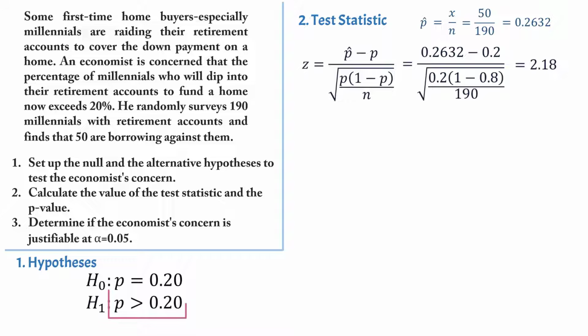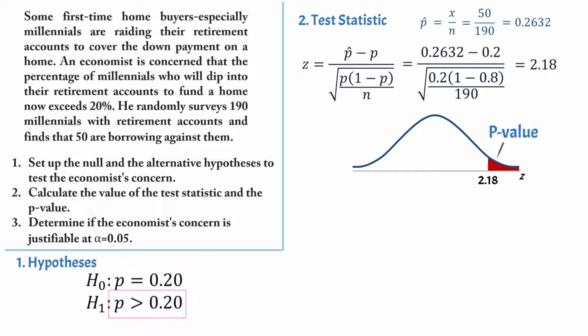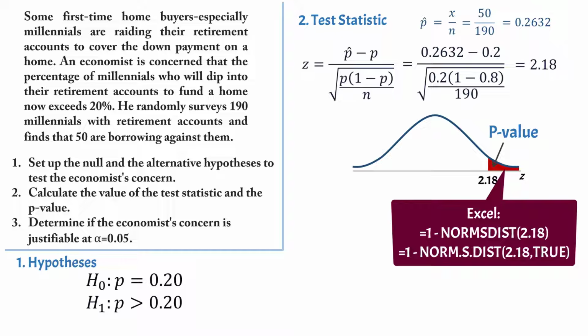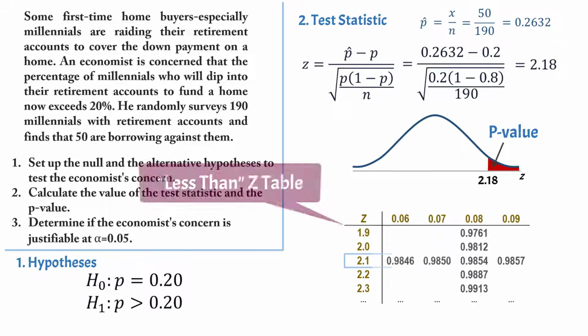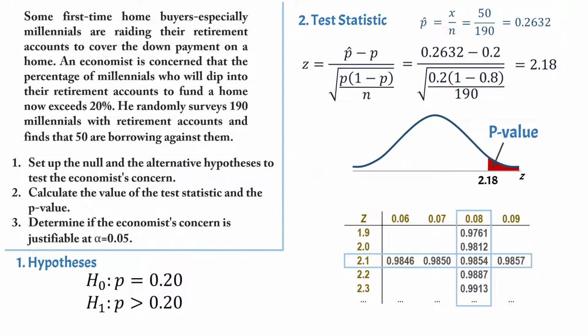Since this is a right-tailed test, the p-value of the test will be the area in the right tail of the test statistic under the normal curve. We can obtain this area using software or by looking up the value of the test statistic in the less than z table. For 2.18, we look up 2.1 under 0.08, which gives an area of 0.9854.